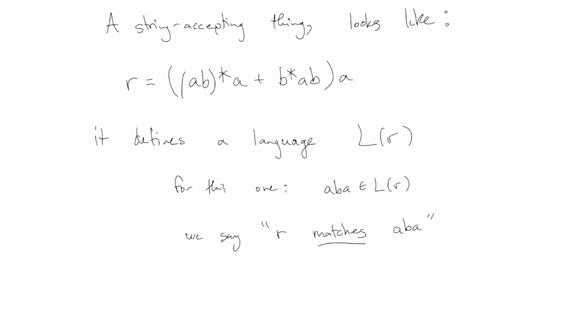But when we're talking about regular expressions, generally people use the word match. So we say that R matches the string ABA. This means accept. But we don't say accepts when you're talking about regular expressions. So don't say that, but that's what it means. All right?